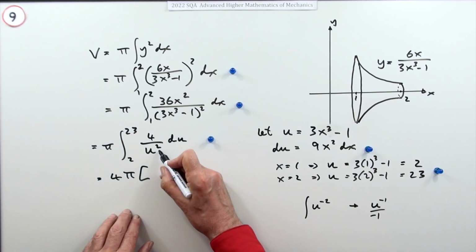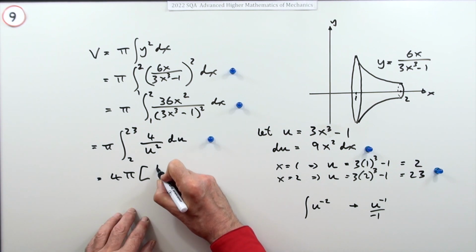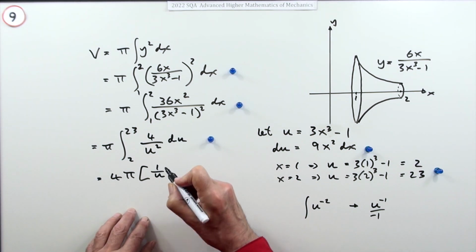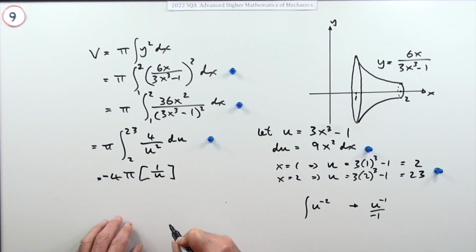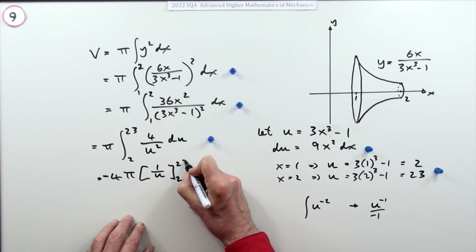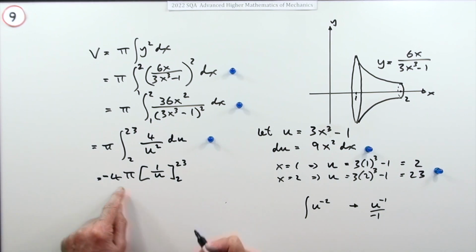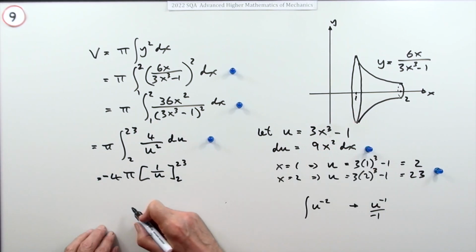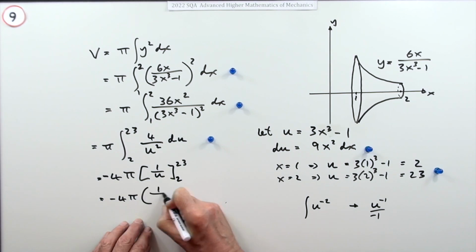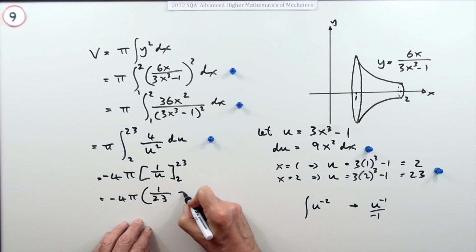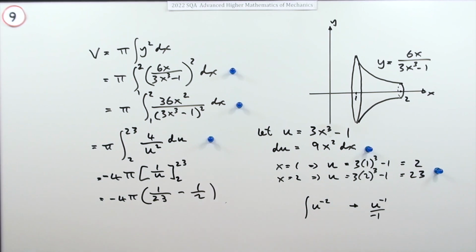Or you could just think, you're 2 below, if you integrate it, it'll go to 1 below, but that power's a negative 1, so I'll need to divide by that negative 1, so I'll put a minus at the front here, from 2 to 23. Or you could incorporate that minus just by doing the subtraction the other way around. So you've got minus 4 pi times 1 over 23 minus 1 upon 2, which of course will be negative, or you could have incorporated it by putting it the other way around. Maybe I will just do that.